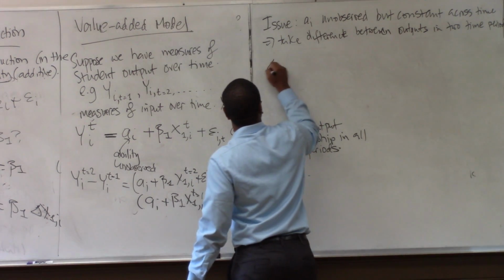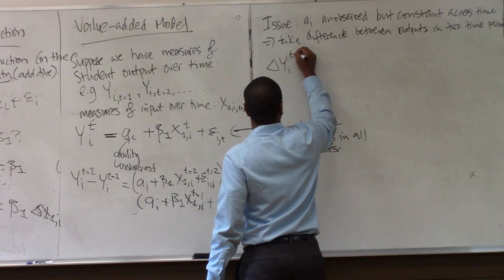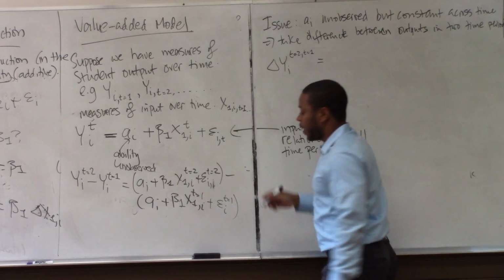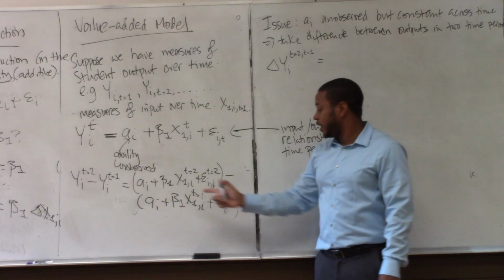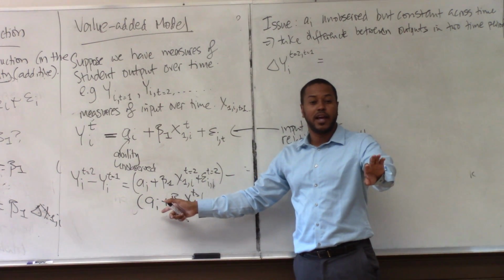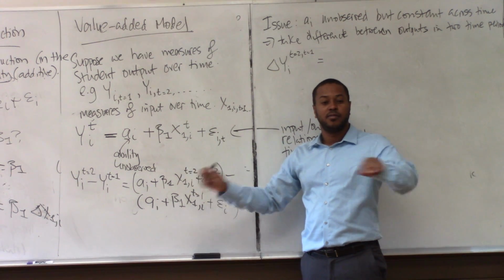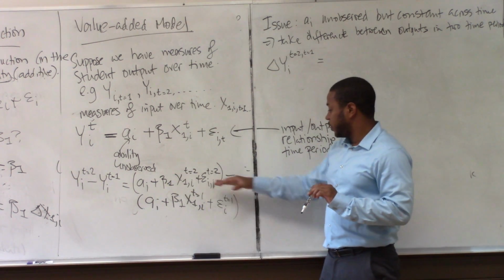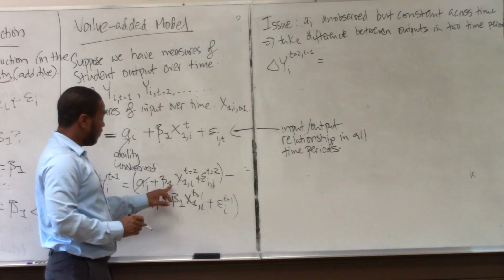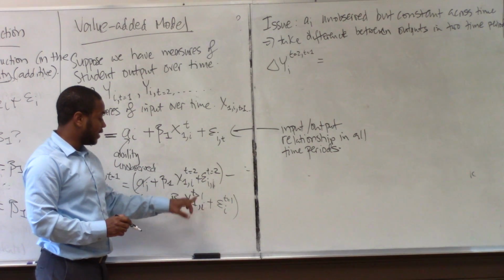And so what we end up with is delta y i, and this is between time period t equals 2 and t equals 1. And when we take this difference, the abilities cancel out, right? All right, so we're just taking this difference here. This alpha i here is going to cancel. We have beta 1 x1i at t equals 2 minus beta 1 x1i at t equals 1.